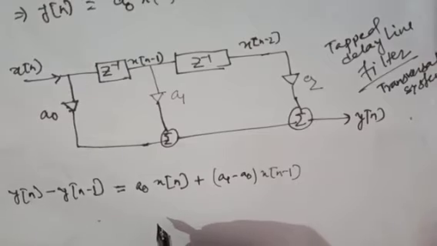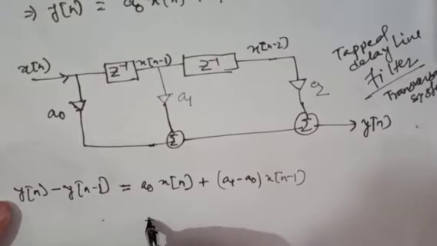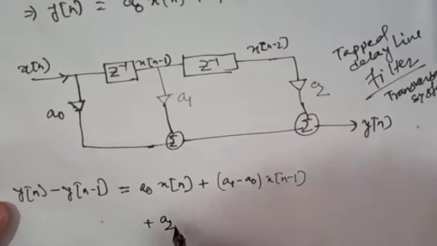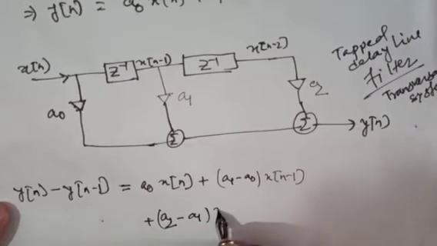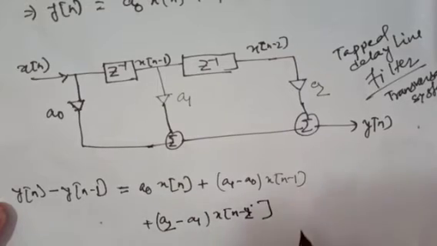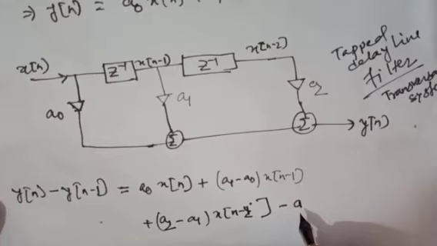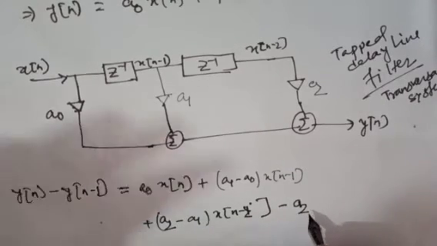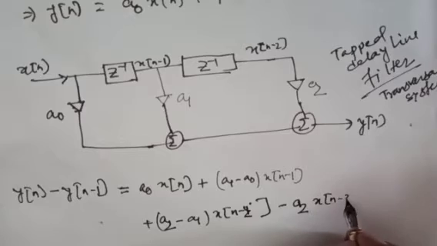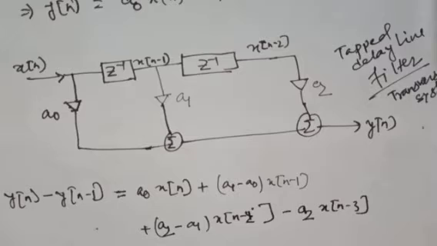Then a2 minus a1 times x of n minus 2, then finally minus a2 x of n minus 3. So you will get these equations.